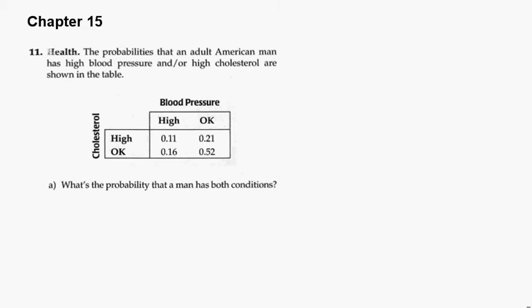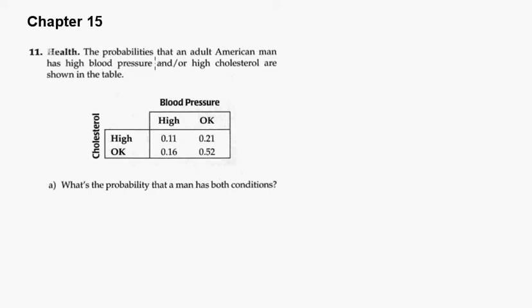This is problem 11 from chapter 15 of the textbook Stats: Modeling the World by BVD. For this problem, it looks like we've been given two categorical variables.